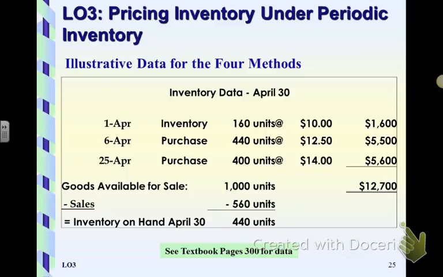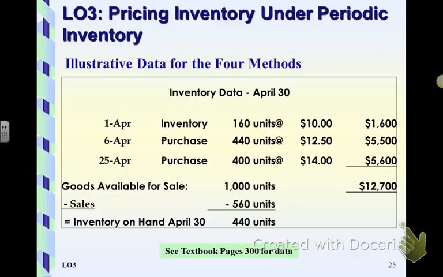And then on the 25th, 400 more units at $14 per unit, $5,600. So this is just basically showing you how those same items, like those same shirts like George has, on different days, it's going to cost different amounts from the vendor. Just like you going to the gas station and the gas costs a different price on a daily basis. You go into the grocery store and there's maybe slightly different price for strawberries today versus yesterday. Same type of thing for a business.